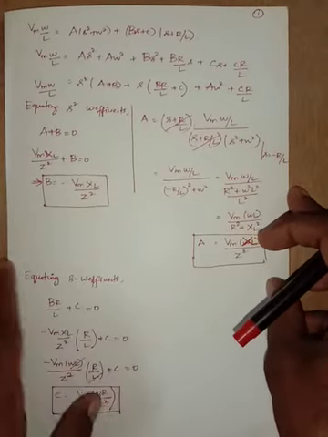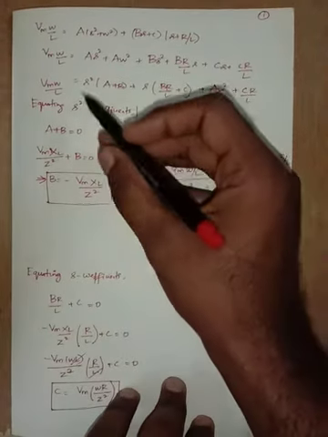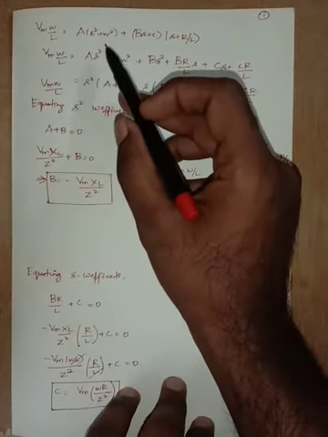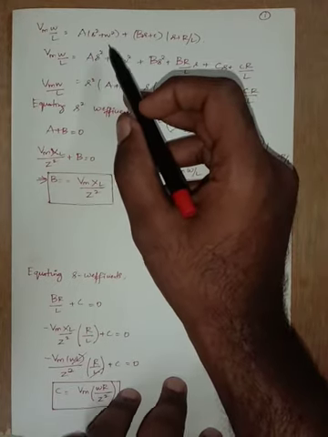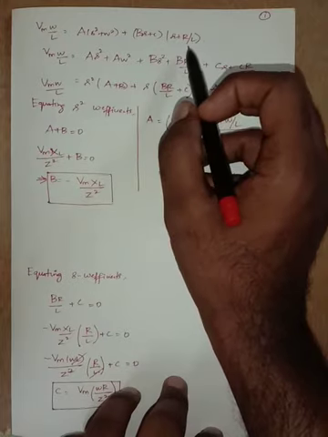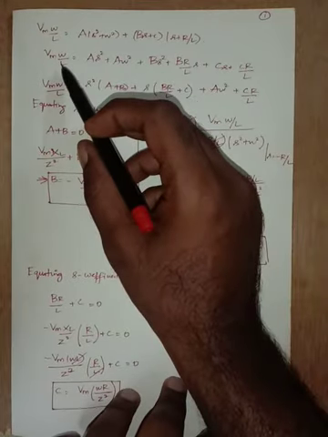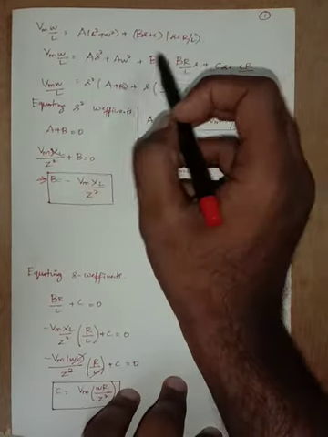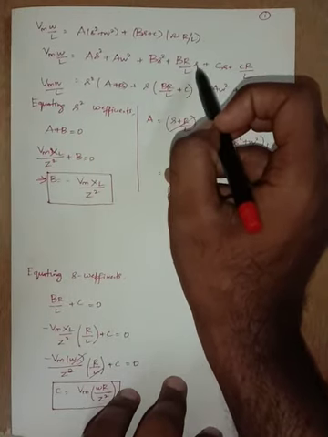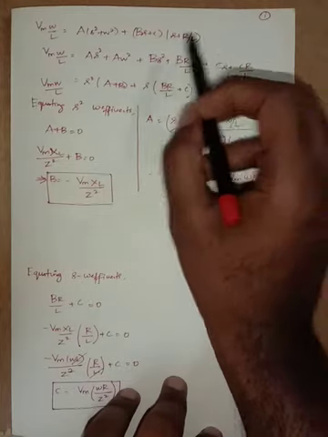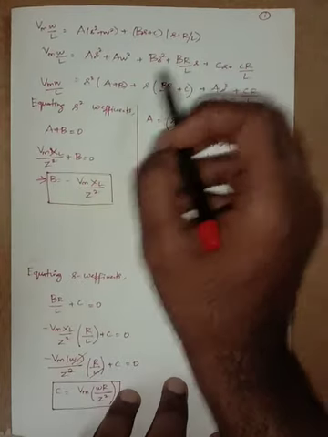So Vm into omega by L equals, taking the LCM and cross multiplying, A into s square plus omega square plus Bs plus C into s plus R by L. Multiplying inside, we get A s square plus A omega square plus B s square plus B R by L s plus C s plus C R by L. Just simple multiplication.